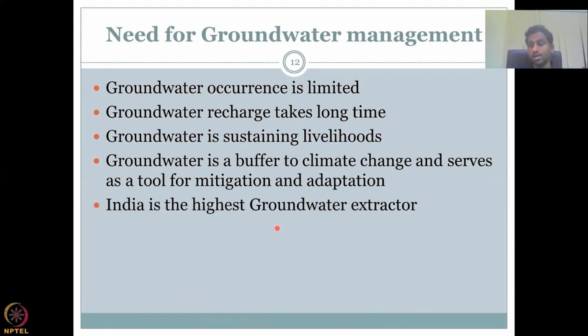It is one of the best tools, I would say, which is available. And India is the highest groundwater extractor in the world. It extracts almost 245 cubic kilometers, which is more than the next two countries, the US and China, put together. So let's think about that and see if this course is very important and needed.